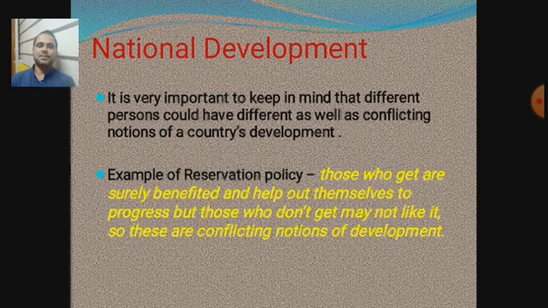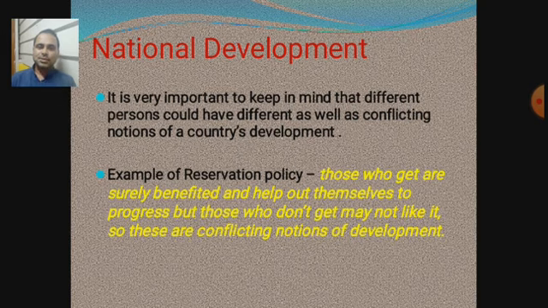For example, let us take those groups of people who get certain privileges. Take one example which you can see in this slide, the example of the reservation policy. See, the people who enjoy these facilities may progress in their life out of this.